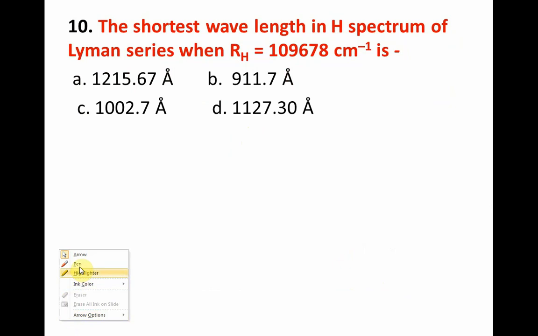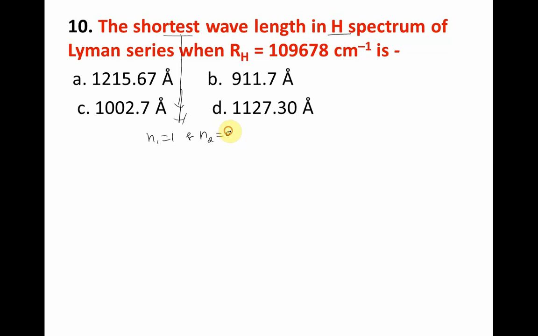The question is very simple. The shortest wavelength of hydrogen spectrum. In case of shortest wavelength, n1 value is equal to 1 and n2 value is always infinity. Therefore we know that 1 by lambda is equal to RH into z square into 1 by n1 square minus 1 by n2 square.